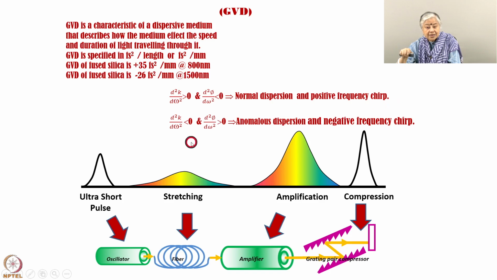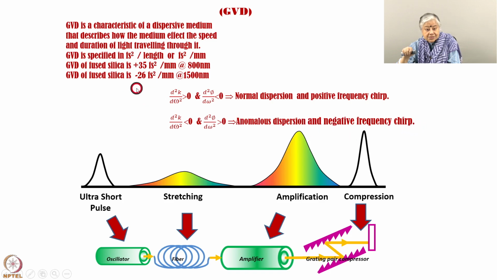Okay. And if d square k by d omega square is less than 0 and d square phi by d omega square is greater than 0, this you can calculate from the formula in the previous slide, then it is called anomalous dispersion and negative frequency chirp.